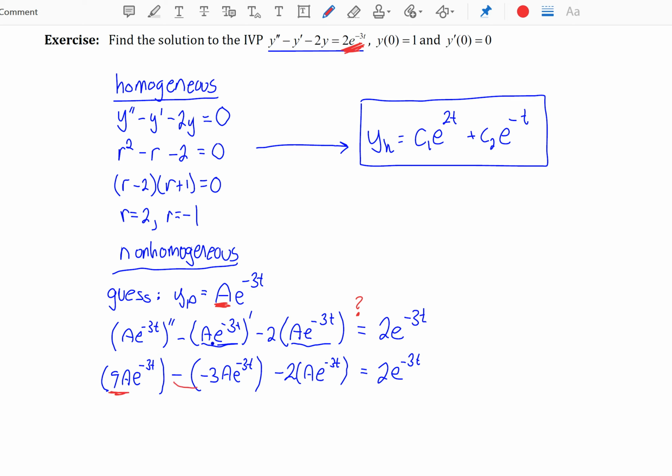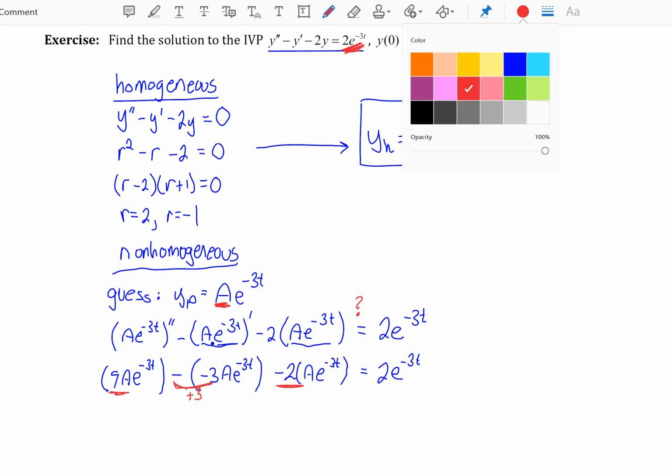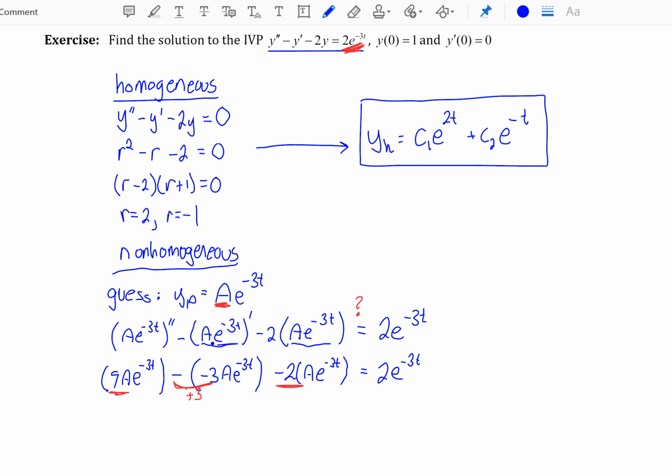This will be a plus 3 more a e to the negative 3t's minus 2a e to the negative 3t. I think this is going to be 9 plus 3 is 12. 12 minus 2, I think this is going to be 10a e to the negative 3t. And this all has to equal 2e to the negative 3t.